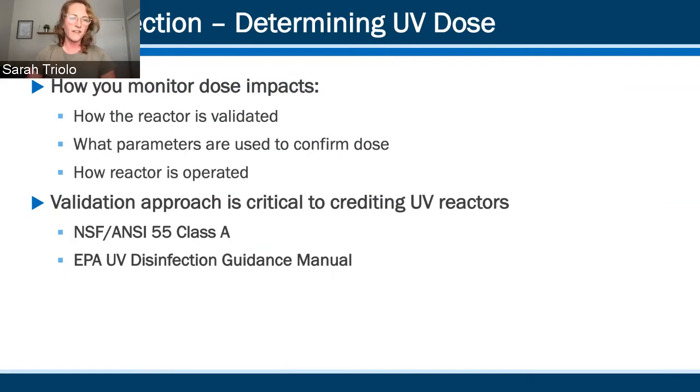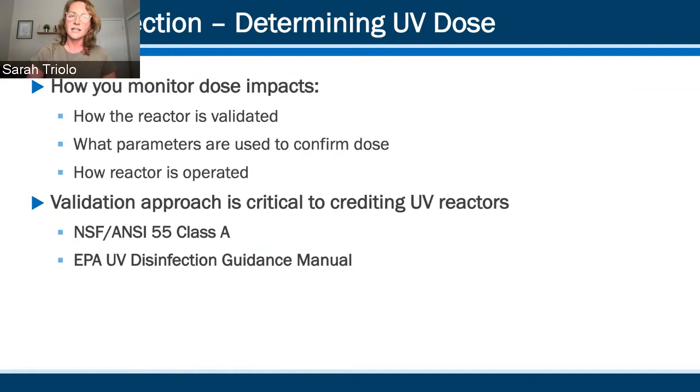Those are the important factors about understanding the dose and monitoring it on an ongoing basis. So the two validation protocols that we generally use are NSF 55 Class A and the EPA UV disinfection guidance manual. I'm sure you guys have seen those in our materials.